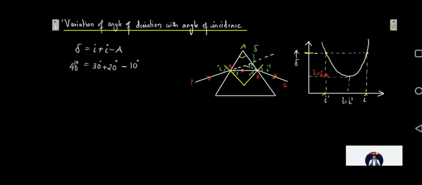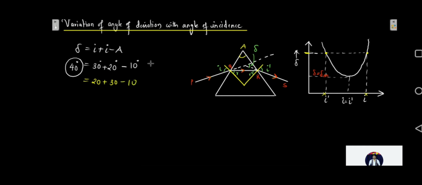That means supposing your deviation happening is 40. Now there are two possibilities here, 30 plus 20 minus 10, or I can also write this as 20 plus 30 minus 10.